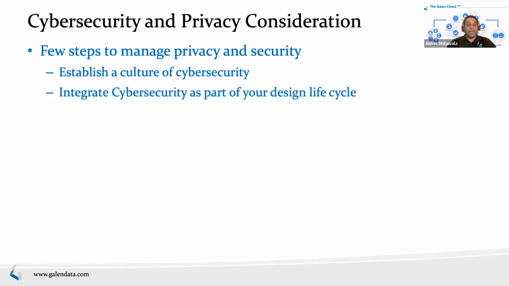Also, I'll talk about integrating cybersecurity as part of your design lifecycle, not something you just bolt on at the end to comply, but how you integrate it just like you would do with quality, hopefully. You're integrating that in your design lifecycle as well. And then from a business perspective, how do you set up protections that help your business in general? So we'll talk about these three in detail.